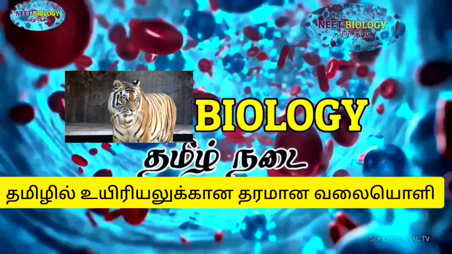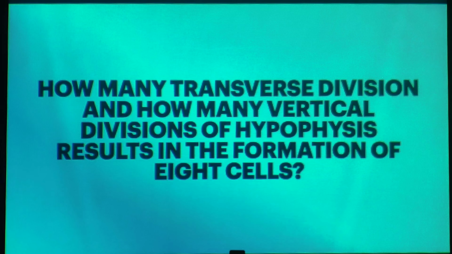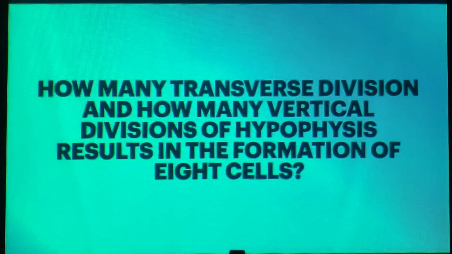The uppermost cell of the suspensor enlarged forms haustorium. The lowermost cell of the suspensor is called hypophysis. How many transverse divisions and how many vertical divisions of hypophysis result in the formation of 8 cells?